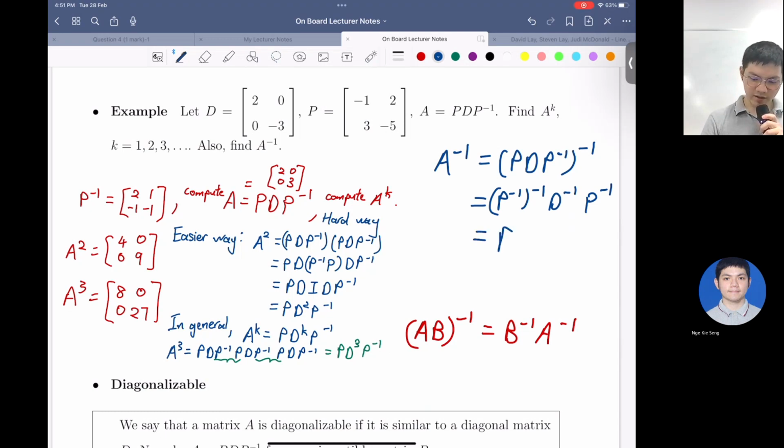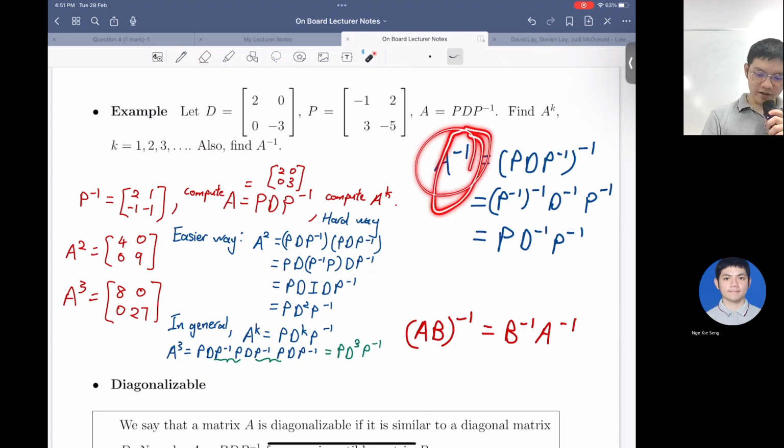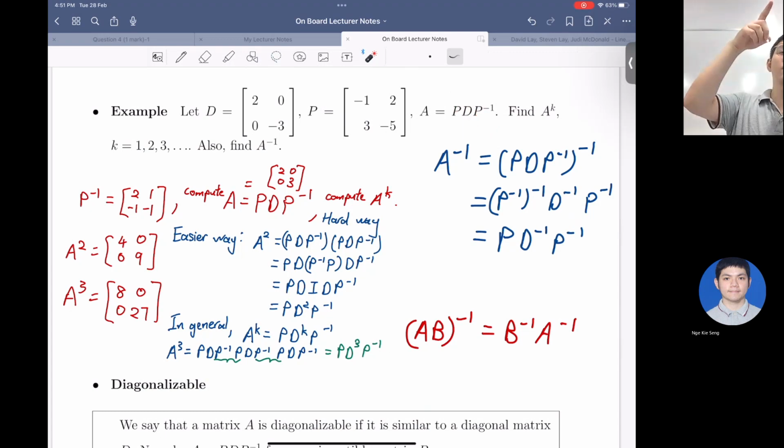Inverse inverse, you get P, D inverse, and P inverse. So that means if you take the inverse of P D P inverse, then P and P inverse swap, and then you compute the inverse of D. For the inverse of D, you just take the inverse of every entry.